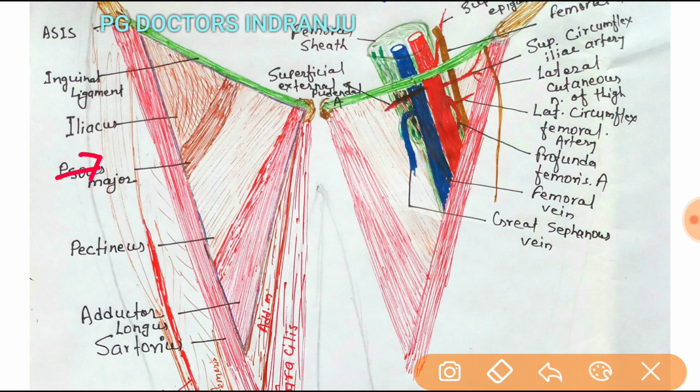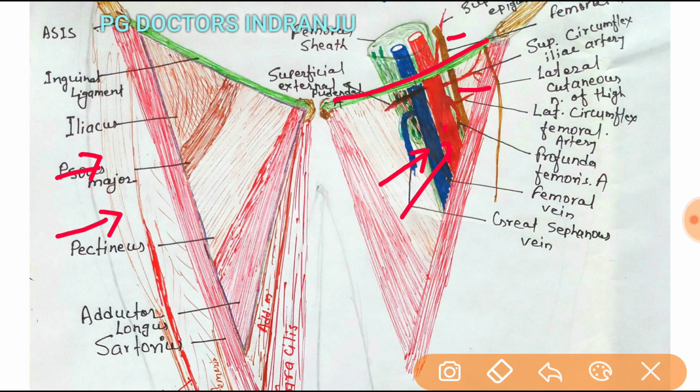This is this muscle. The structures in the femoral triangle are the femoral vein, the femoral artery, and lateral to the femoral artery is the femoral nerve. Here this is the inguinal ligament.